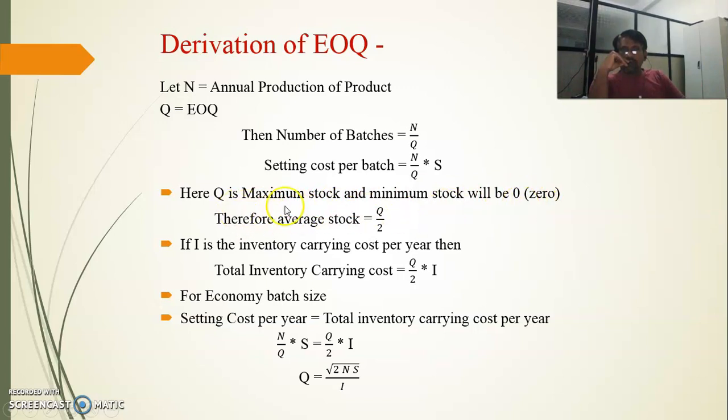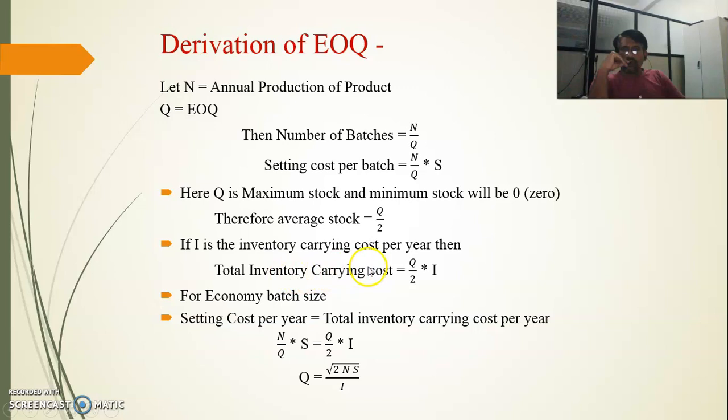So the average is required to be calculated, so that average carrying cost or our average annual carrying cost we can put, and for that purpose the average stock in the organization becomes Q by 2, minimum and maximum, if these two conditions we have considered. If I is the inventory carrying cost per year, then the total inventory carrying cost becomes the average stock multiplied by I.